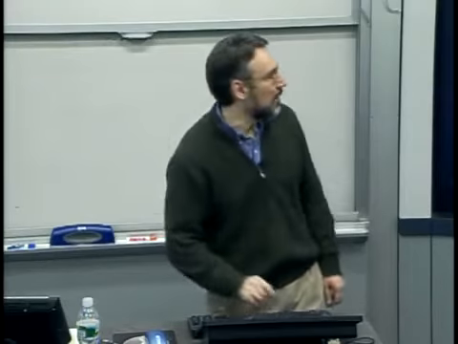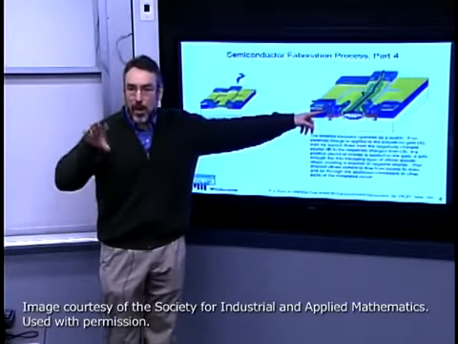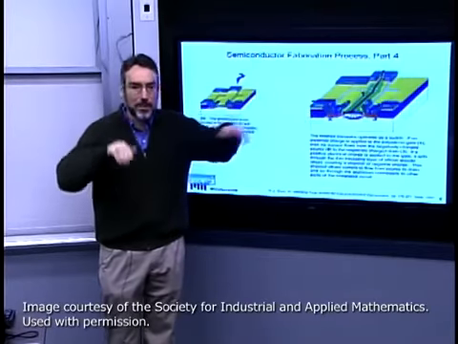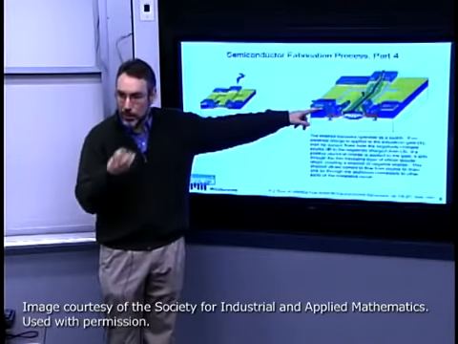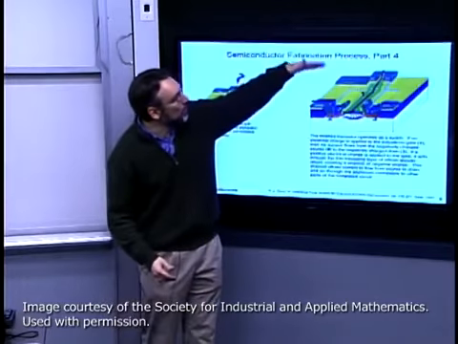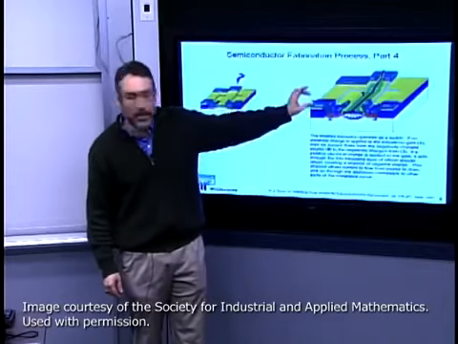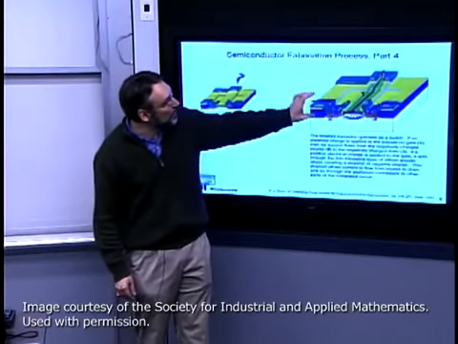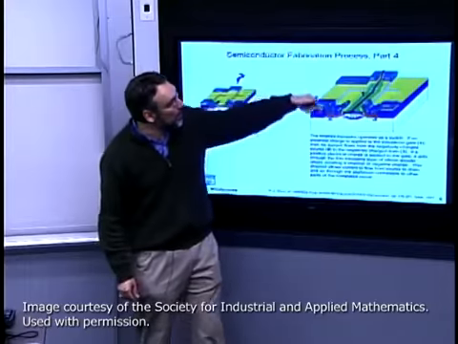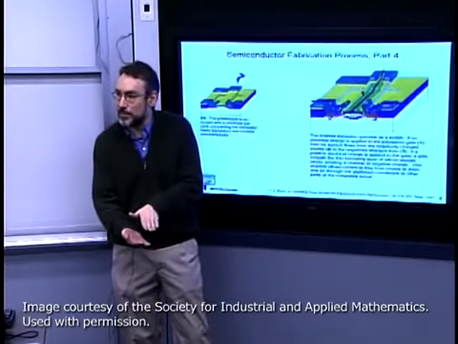If you go back to this picture, with even one level of metal, look at all of the topography, the differences in heights that are generated because we're etching down, filling in, and so on. If one were to try to build multiple levels of metal, you have a real problem here. You keep building up in some regions where you have more metal, and in those regions where you don't, you get thinner and thinner by comparison.